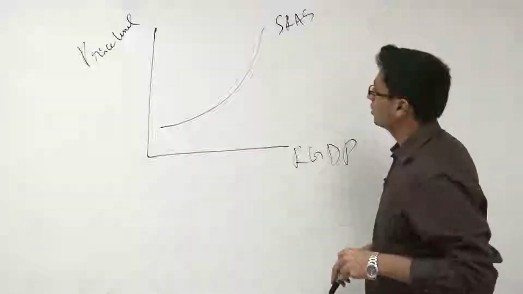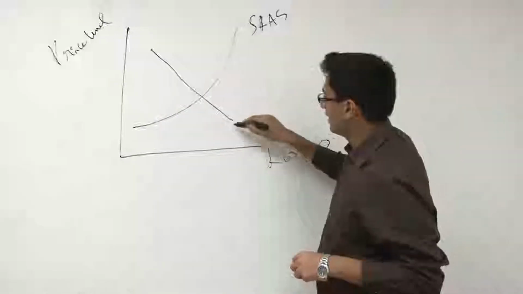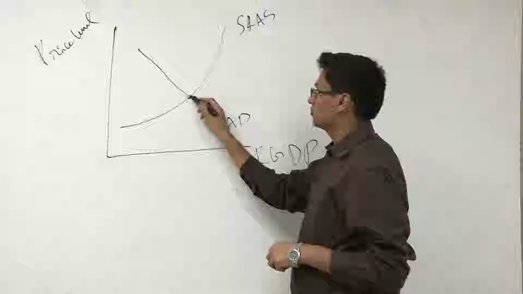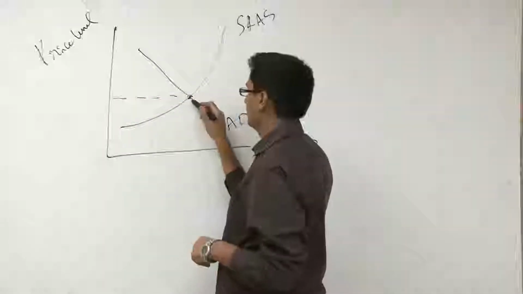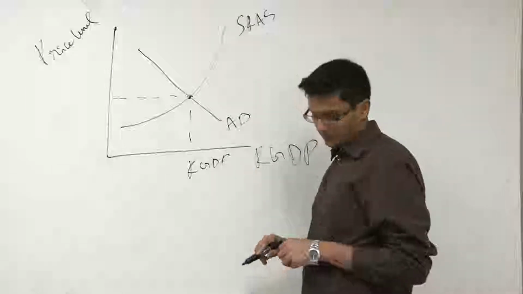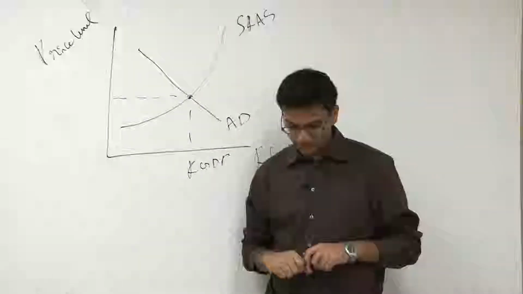We've seen this before. And an AD that looks like that. The equilibrium point is what decides the price level and our GDP. So that's the basic consensus out of that.